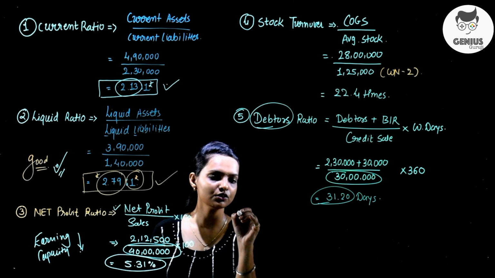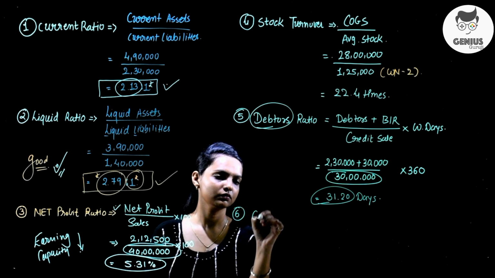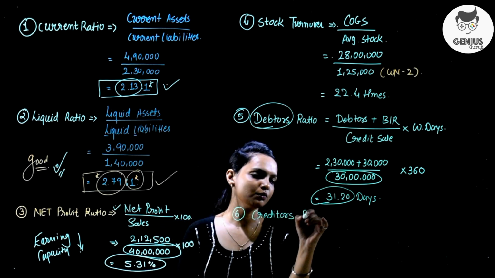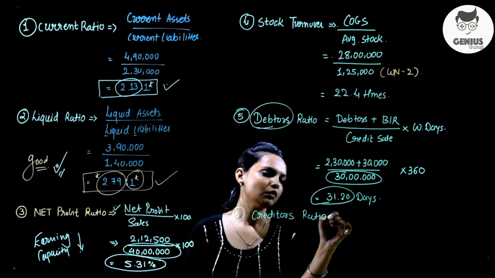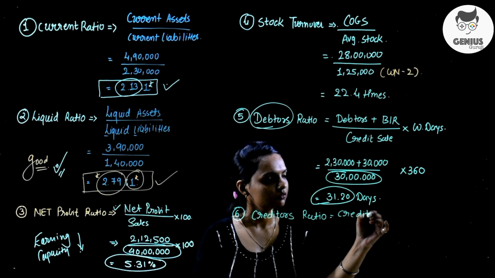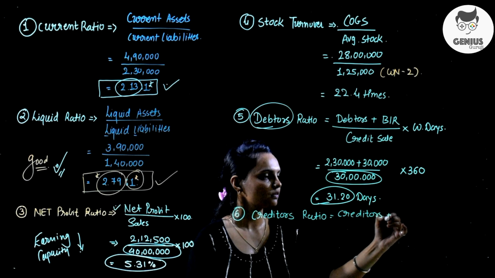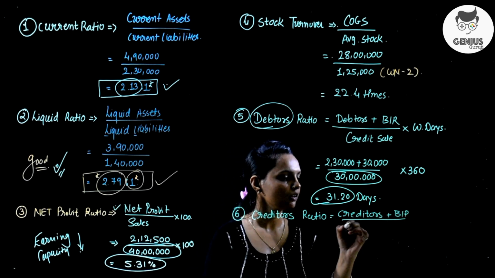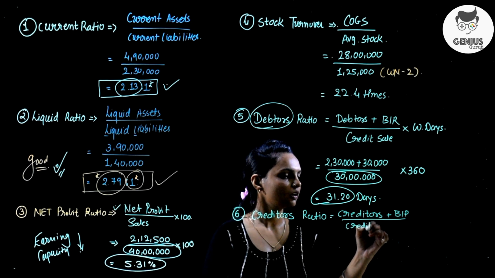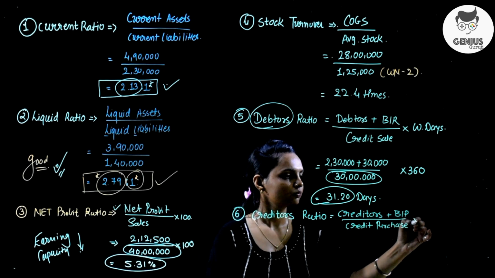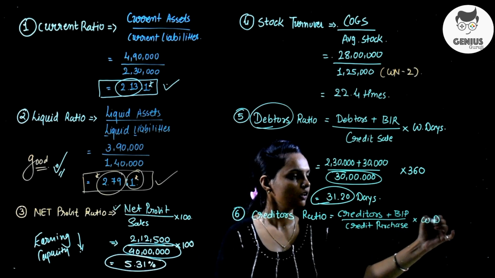Now sixth ratio is creditors ratio. What is the formula of creditors ratio? Creditors plus bills payable divided by credit purchase into working days.